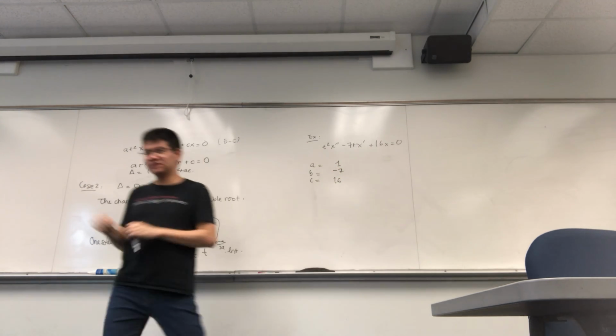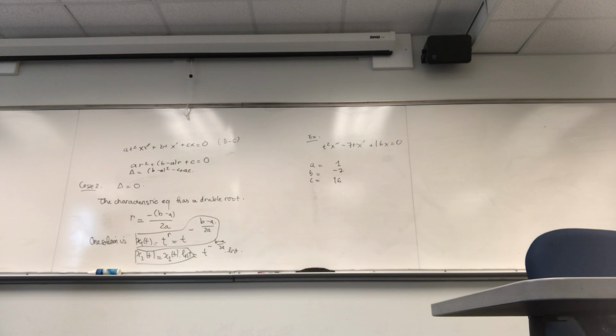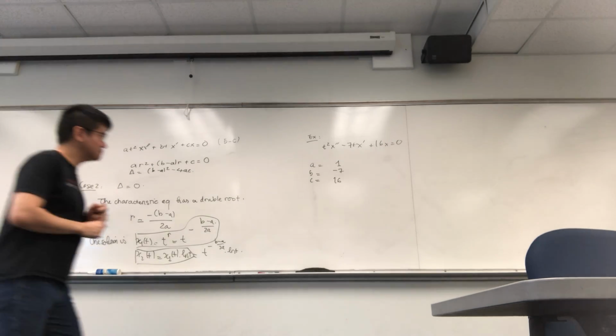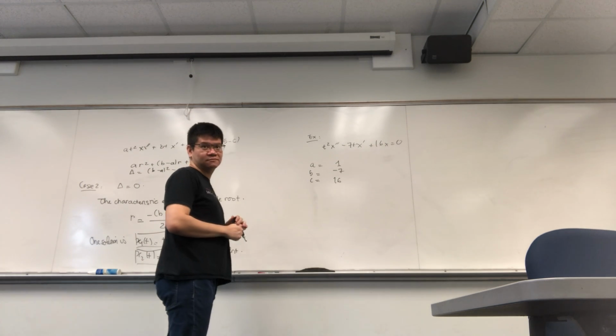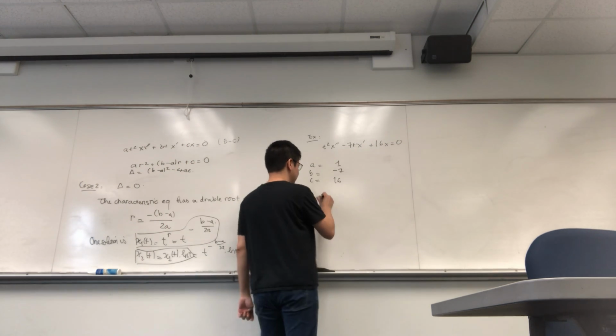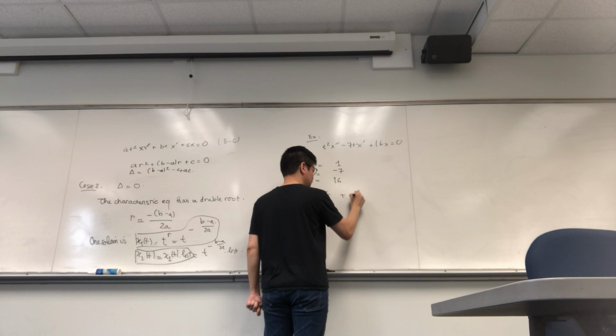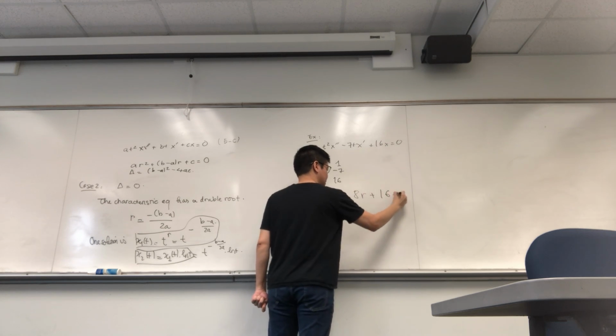What is the characteristic equation? So you have r squared plus 8r plus 16 is 0.